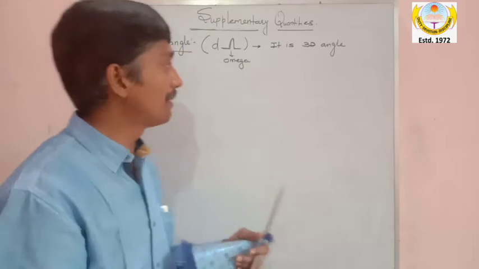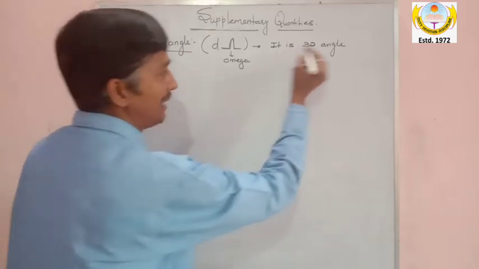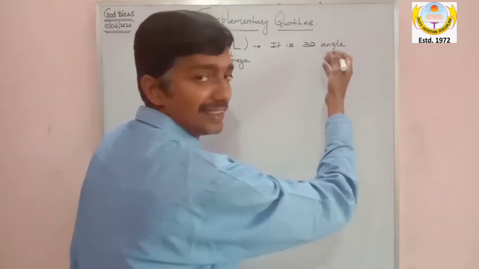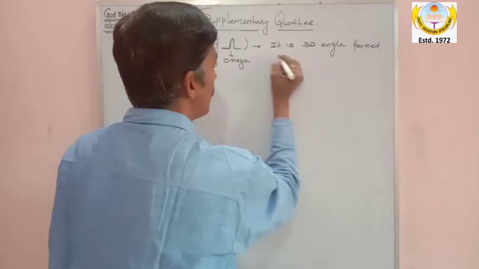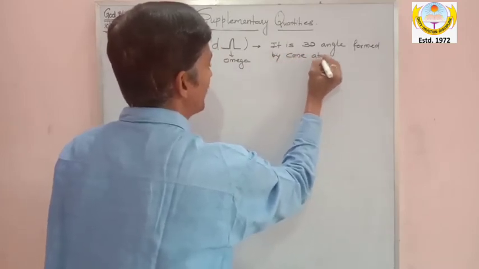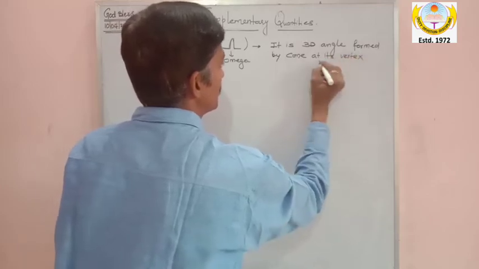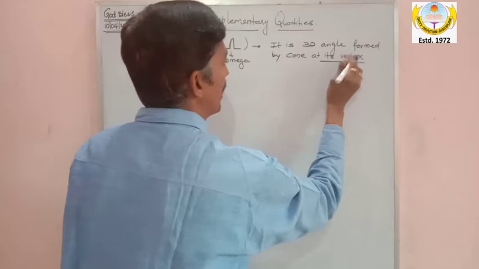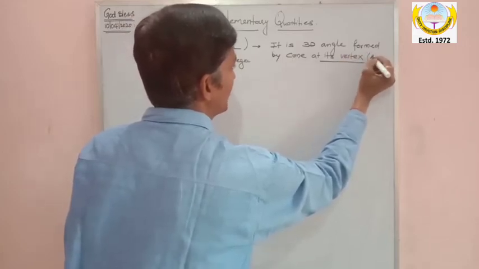So my dear, I'll explain this in a proper way. It is a 3D angle formed by a cone at its vertex. Or I can say it can be the apex.